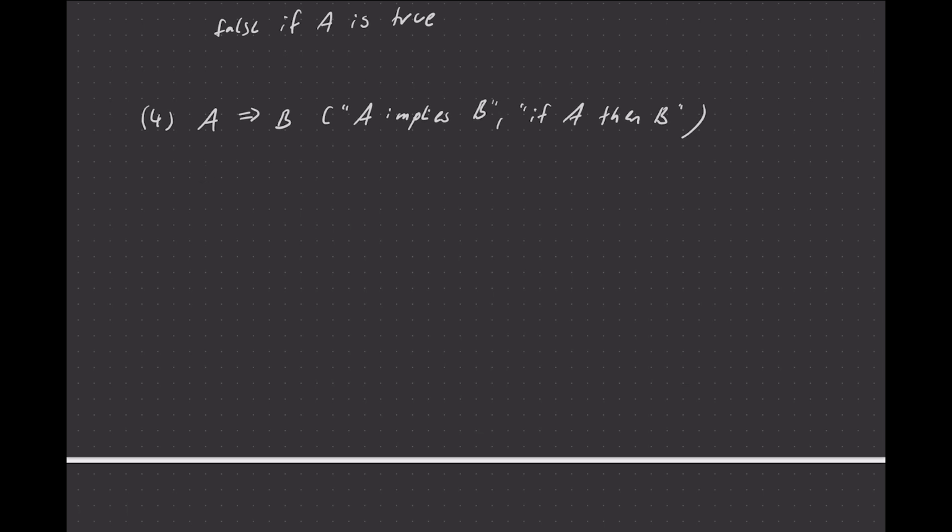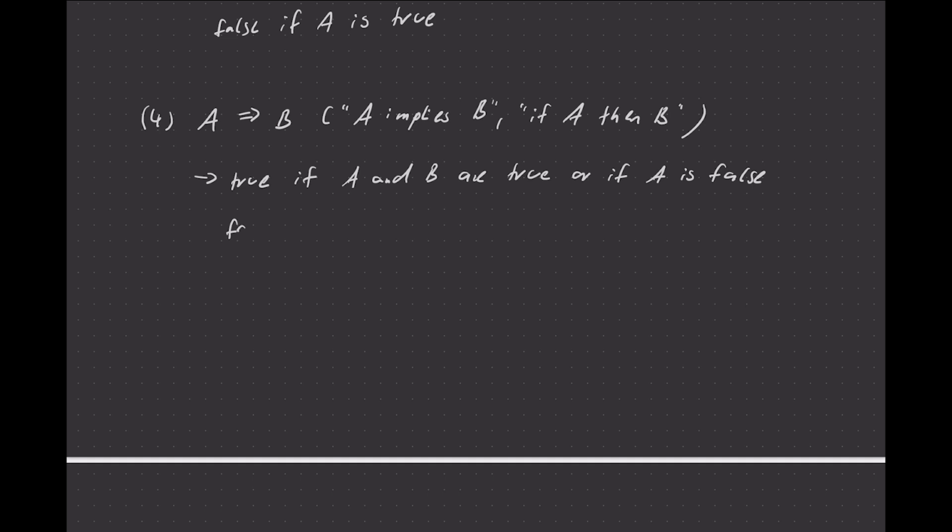Okay, so let's write that down first. So this is true if A and B are true, or if A is false, then B doesn't matter. If A is false, that's always true.